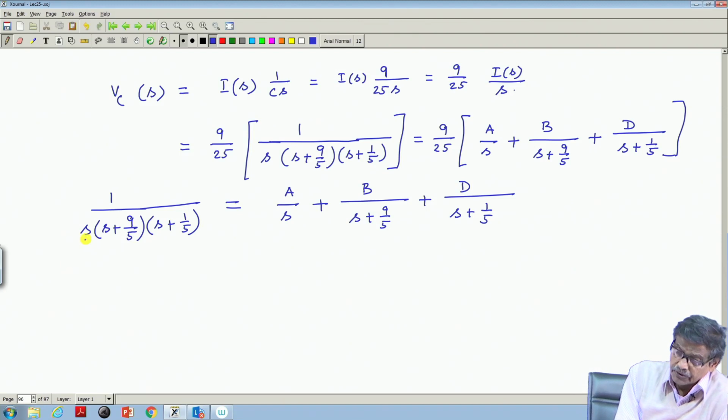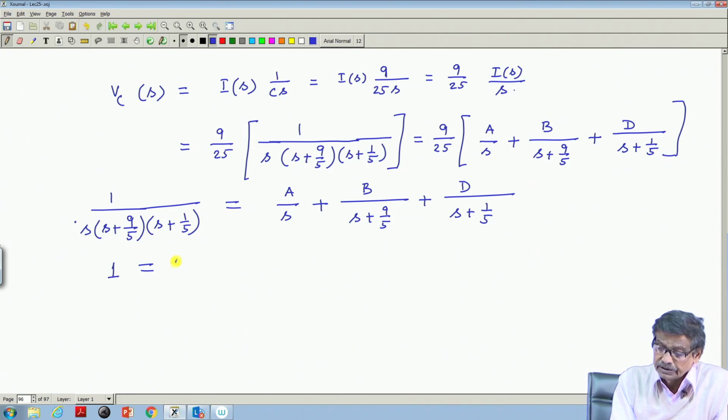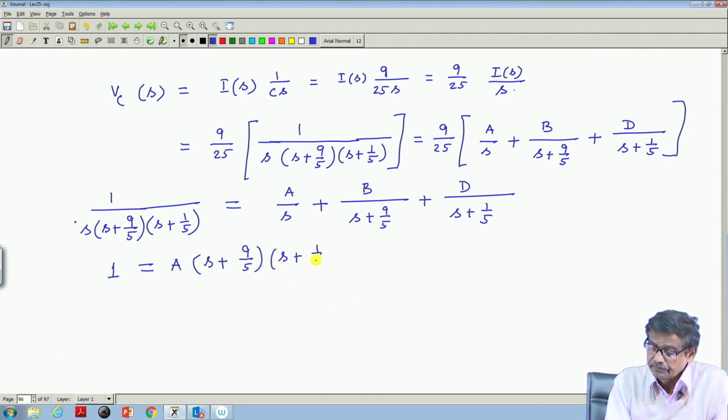Now, you multiply both sides by S into S plus 9 by 5 into S plus 1 by 5, so that the left side becomes 1 and you will be left with A into S plus 9 by 5 into S plus 1 by 5. This will be the first term.